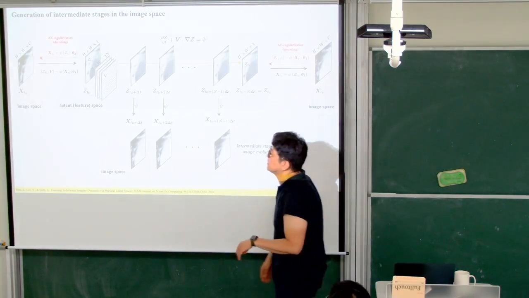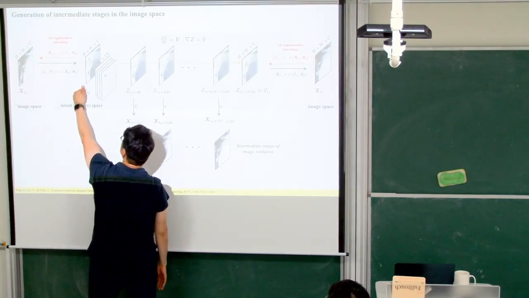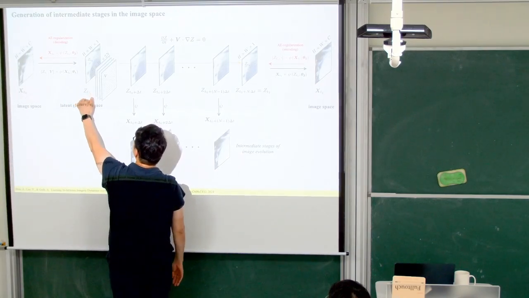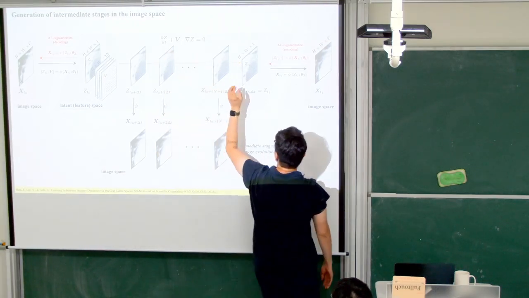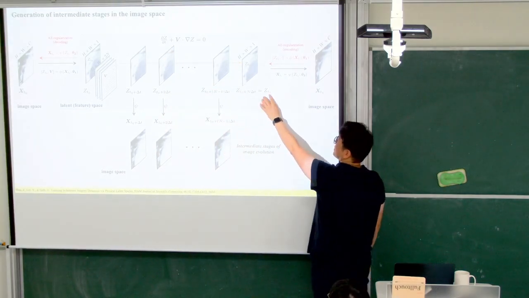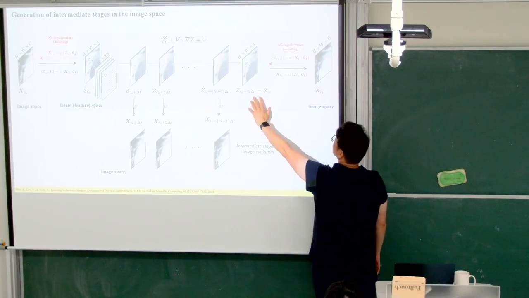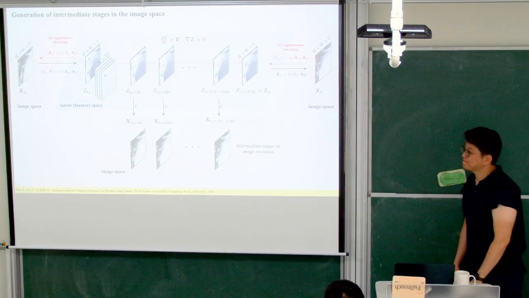The flow goes from this image, encodes to the latent space, and once the latent state arrives here, it evolves following that equation. And once it reaches the terminal T1, we decode from latent space to image space to reach the final destination.